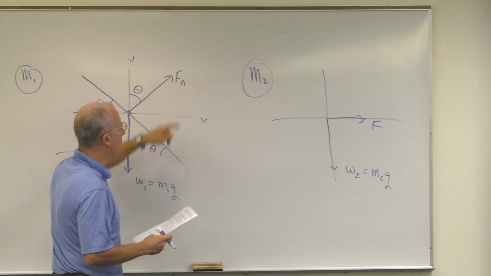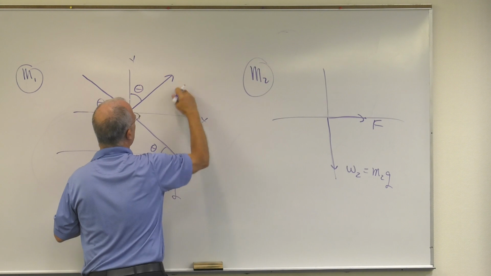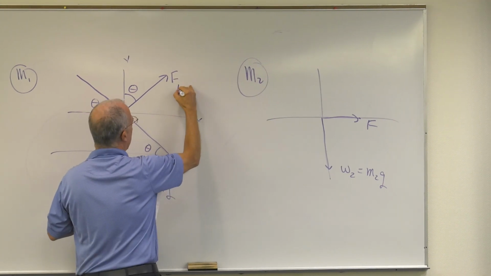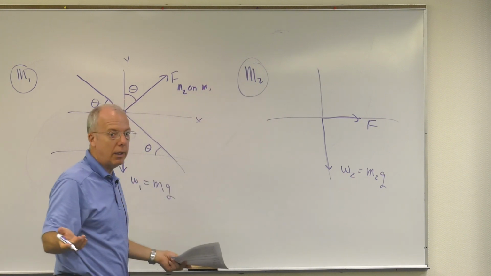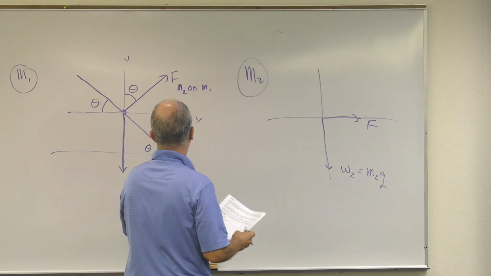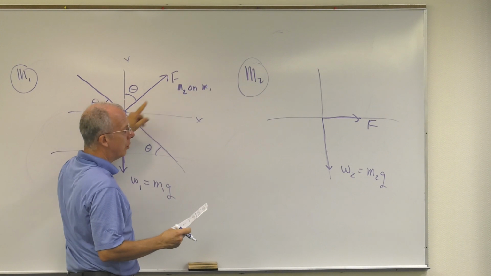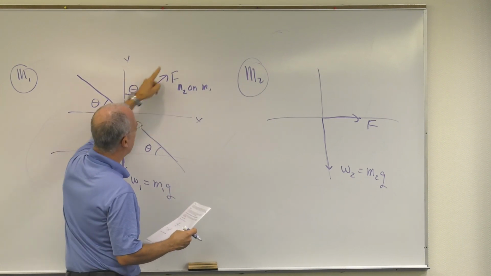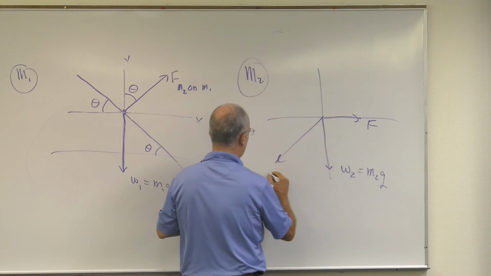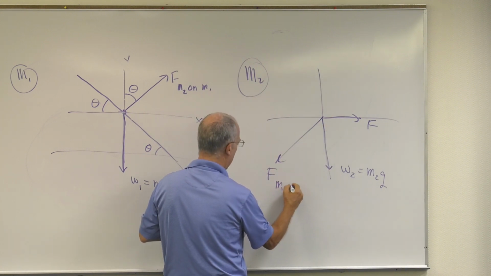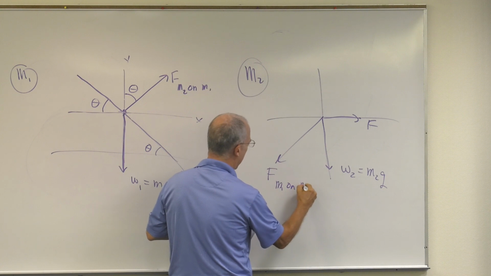What's this normal? Isn't this really the force that m2 exerts on m1? Yeah, that's what it is. So if there's a force of m2 pushing up on m1, isn't there an equal and opposite force? Yeah. So this is a force of m1 acting on m2.